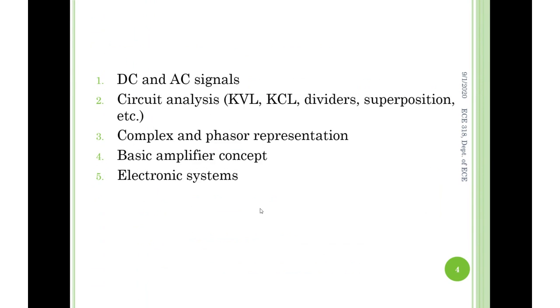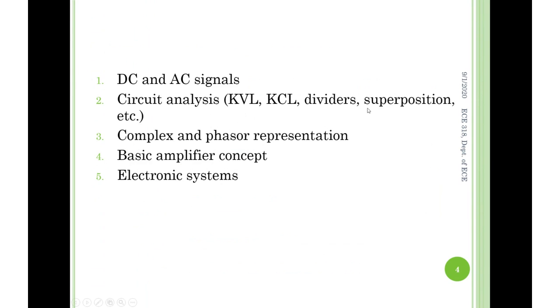Mainly we will spend time on the basic circuit analysis skills and techniques: KCL, KVL, node or mesh analysis, and dividers. By dividers I mean voltage or current dividers, which turn out to be not easy, at least for Circuit 1 students. We will review those.